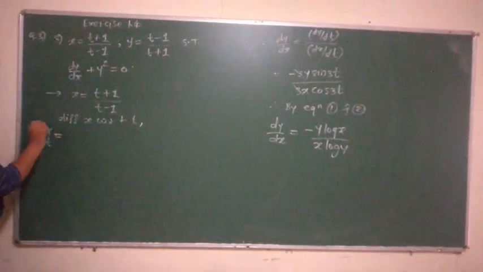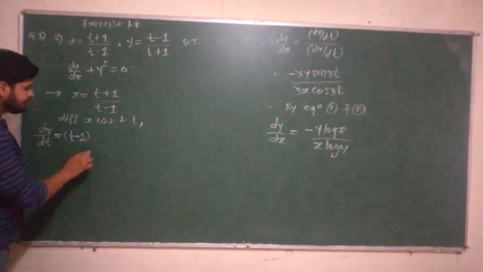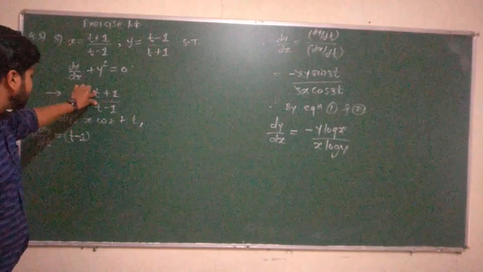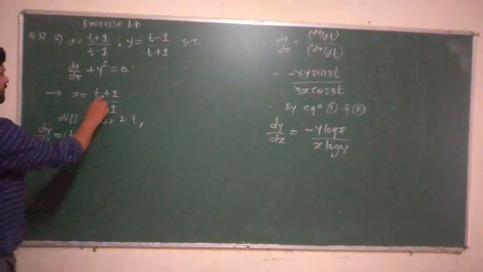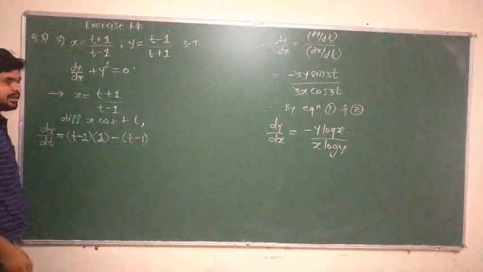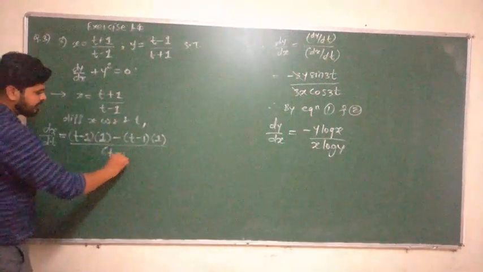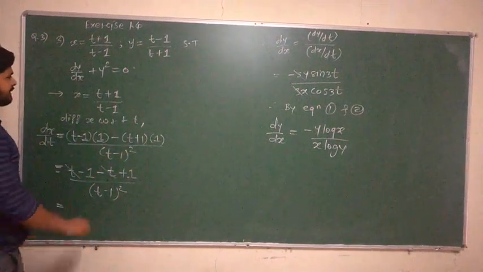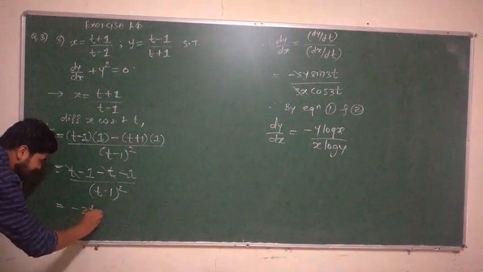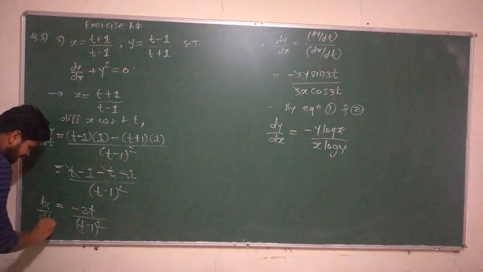The quotient rule: v as it is into derivative of u, minus u as it is into derivative of v, whole divided by v square. So it is t minus 1 into 1, minus t plus 1 into 1, whole divided by t minus 1 bracket square. So this is minus 2 upon t minus 1 bracket square. This is our dx by dt.